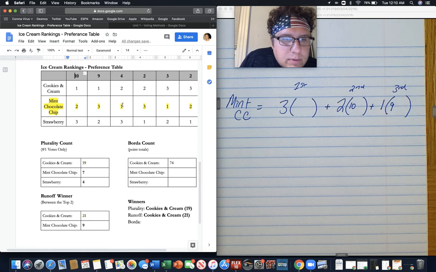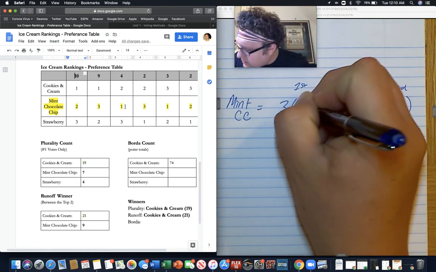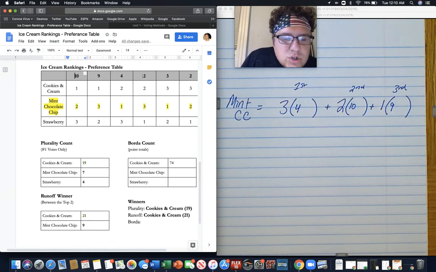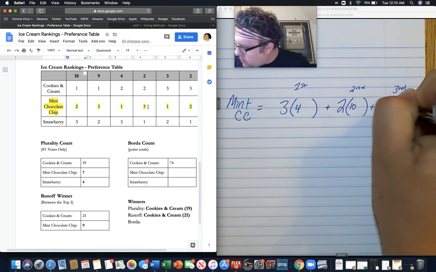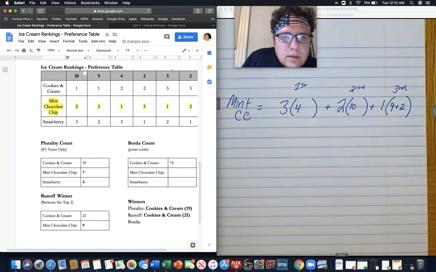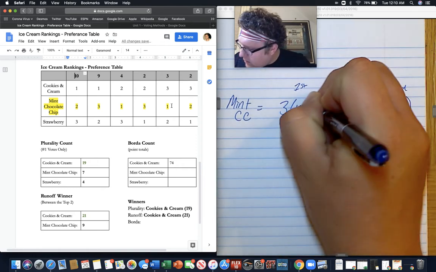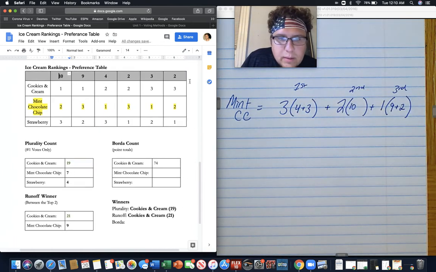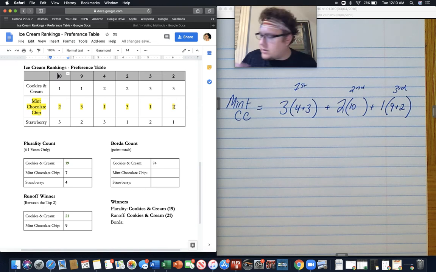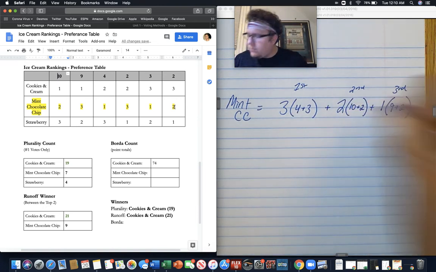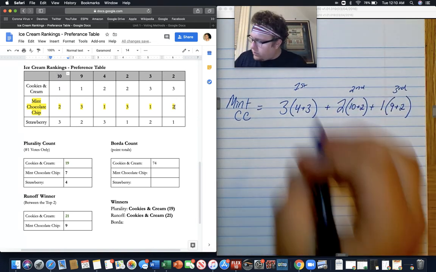So 4 people said mint chocolate chip was their first. 2 people said mint chocolate chip was their third. 3 people said mint chocolate chip was their favorite. And then 2 people said mint chocolate chip was their second favorite. Okay, so those are all our vote tallies.